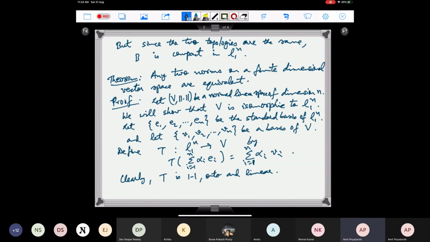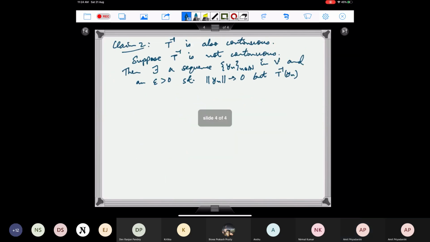We will show that this normed linear space is isomorphic to L1n. So T inverse is a map from V to L1.